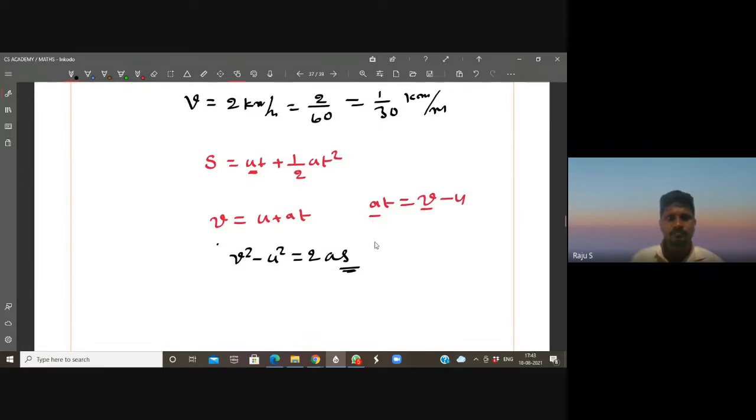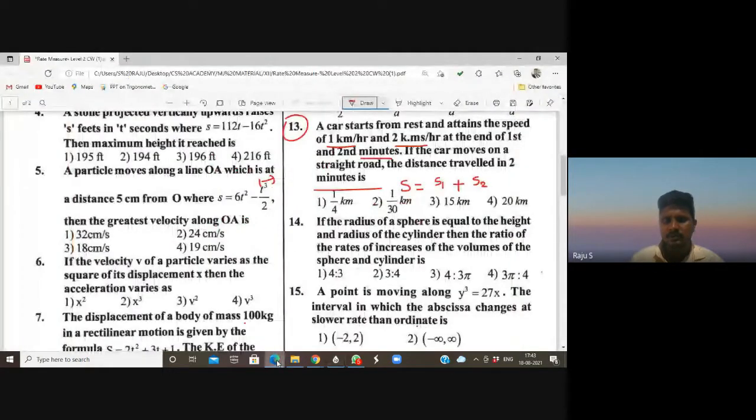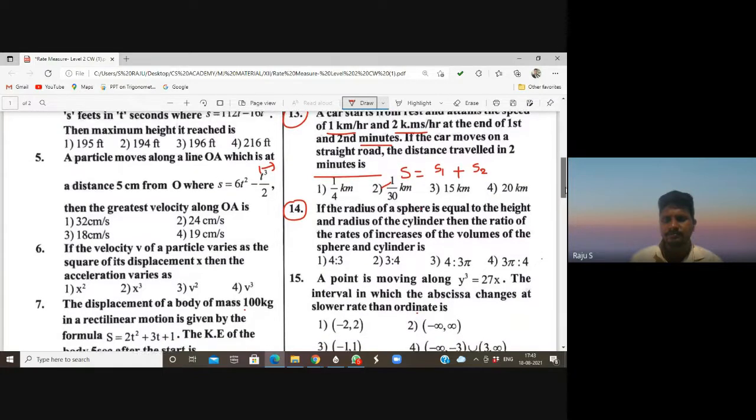Finally, you'll get the S value. That question you can try, students. It is completely related to physics. You can substitute all the values and simplify the answer. I think we'll get 1 by 30.